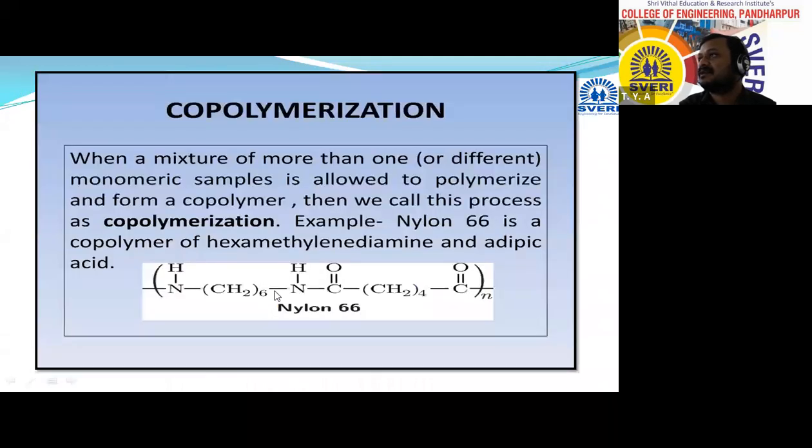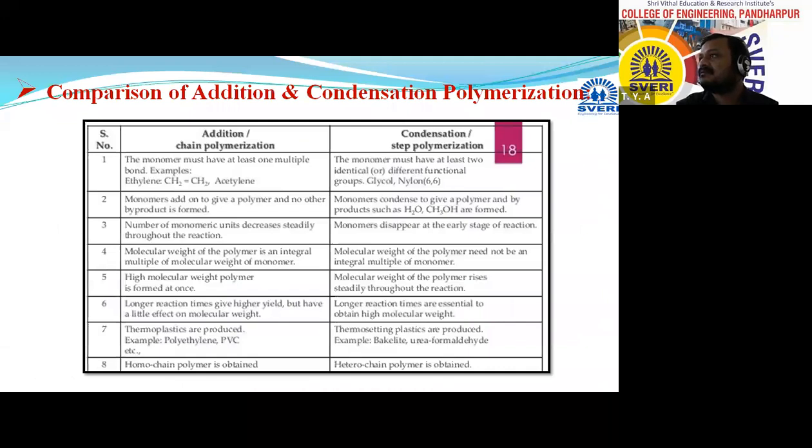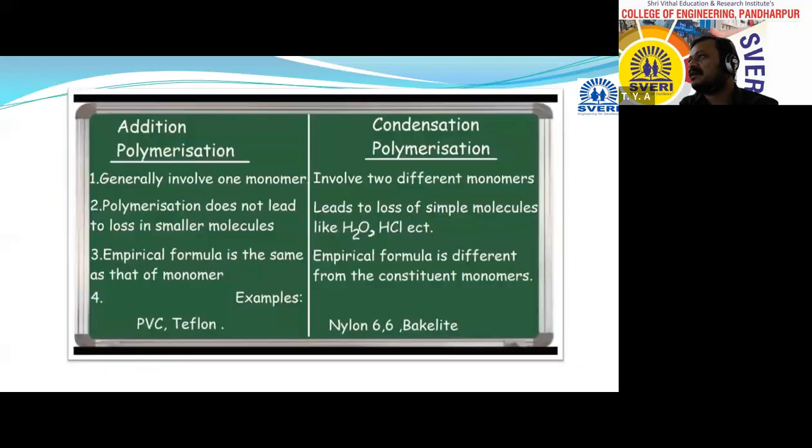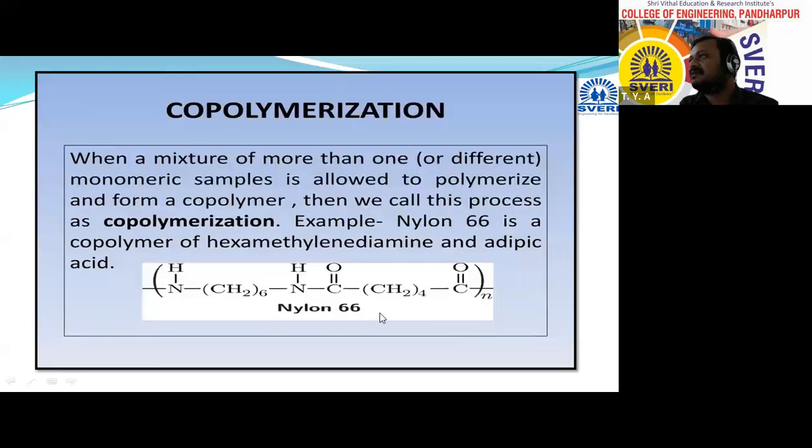Okay, these are some examples here. So polymerization, nylon 66. You can add a few more examples if you want. So here you can add examples like nitrile rubber, or one element PEVA.